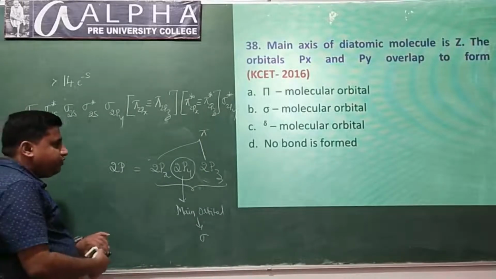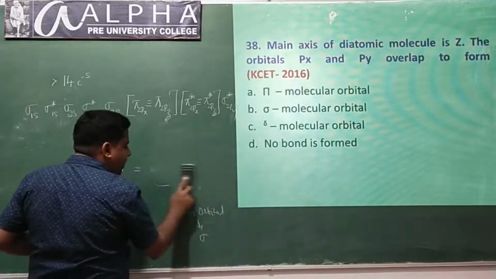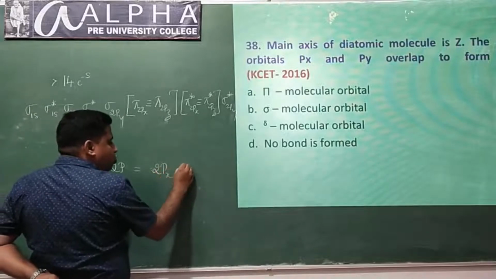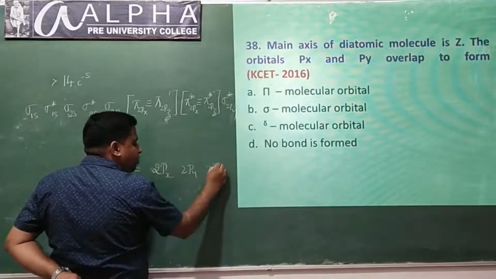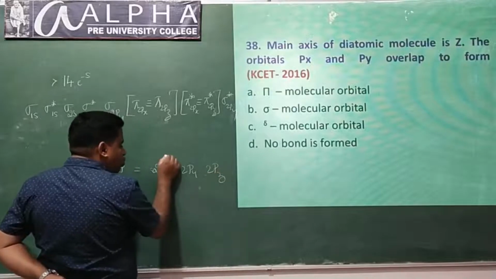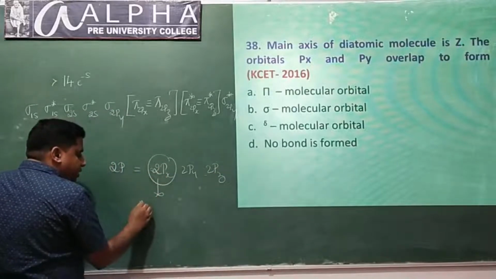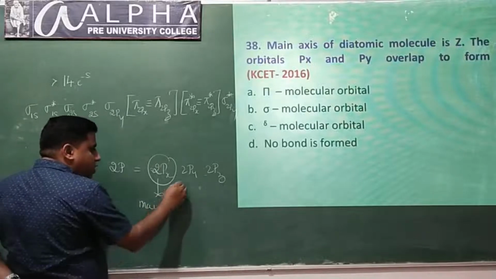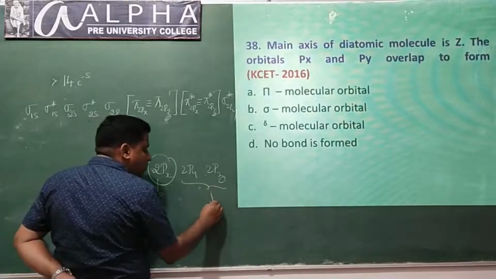Or else if I choose 2px as the main orbital, then this main orbital is going to form the sigma bond, whereas the other two orbitals are going to form pi bonds.